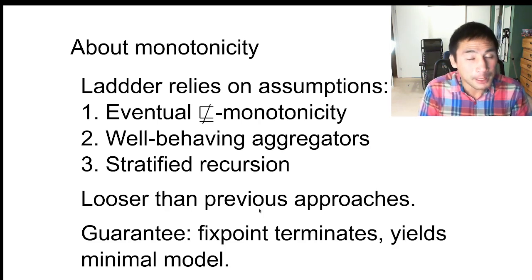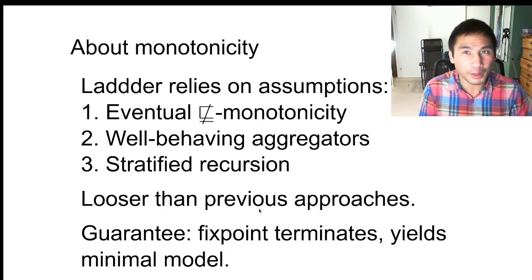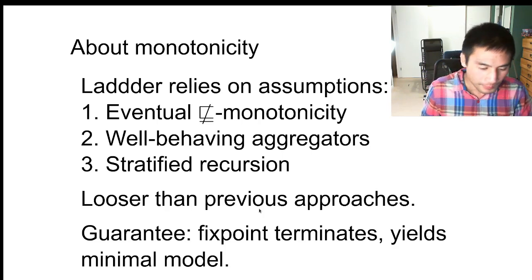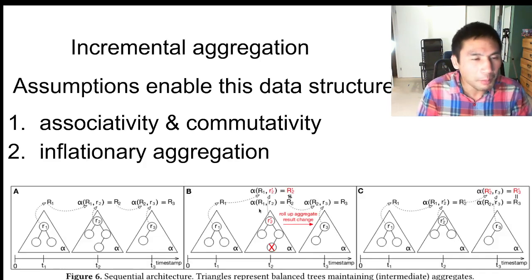They say that previous approaches had stricter assumptions, so you could apply them to less. But all you need is these assumptions, and if you have these, then you have guarantees about their algorithm, which is that the fixed point calculation terminates, and this yields the minimal model. You've got to read the paper to understand more. But if you have these assumptions, then you get the guarantees.